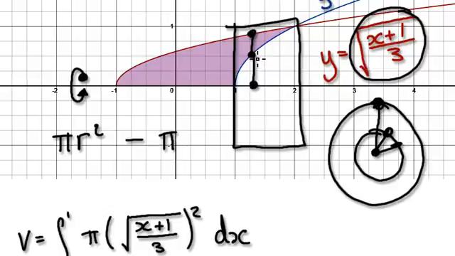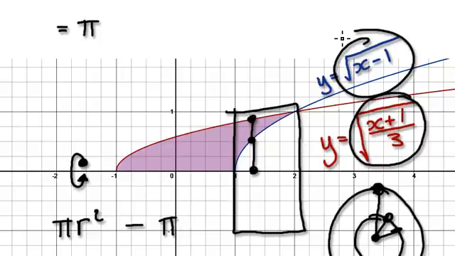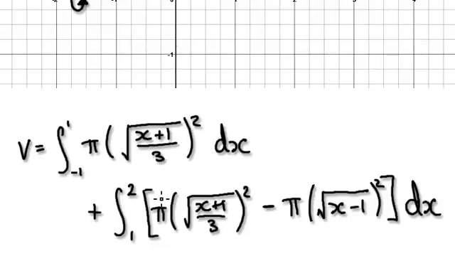The small circle would be you looking at the blue line. So this here is the radius of the big circle, and this here is the radius of the small circle.